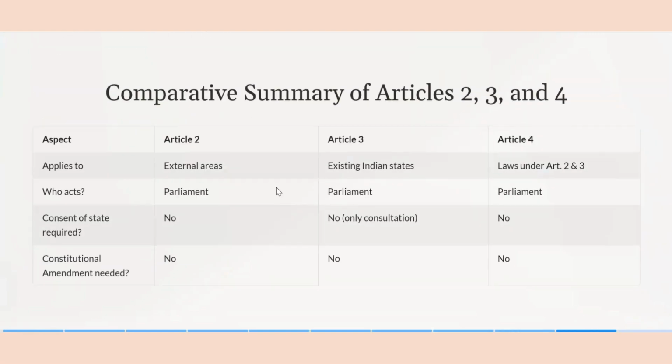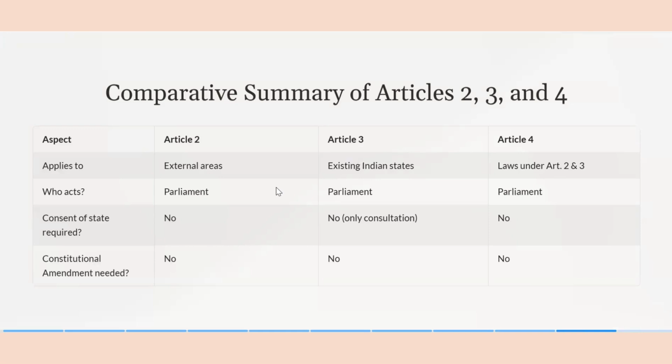Now coming to the summary chart comparing Article 2, 3, and 4. Article 2 applies to external areas, whereas Article 3 applies to existing Indian states, and Article 4 applies to laws under Article 2 and 3. Who acts?